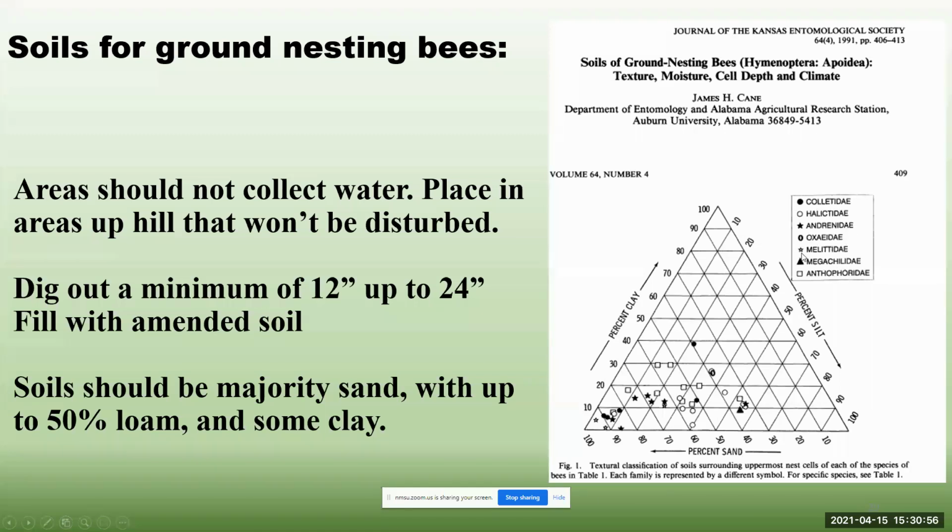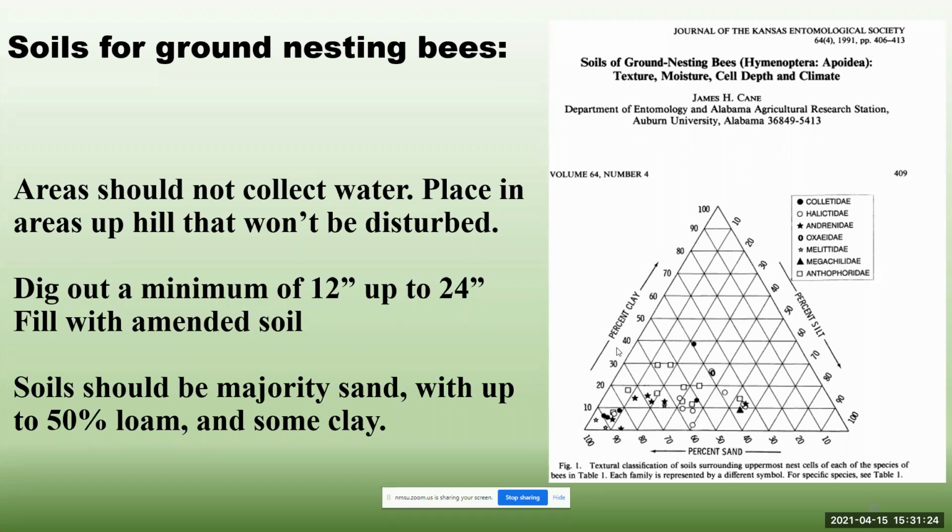These are no longer correct. They've been synonymized. But all of the bee species that he looked at all nested in this heavily sandy soil, about 50% sand, up to 50% loam, and then some of them have clay percentages as well.